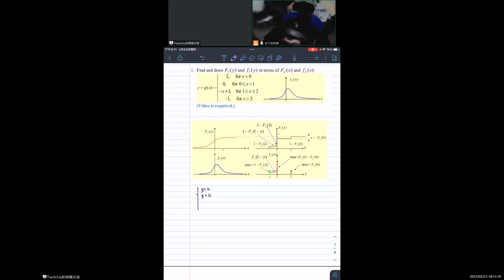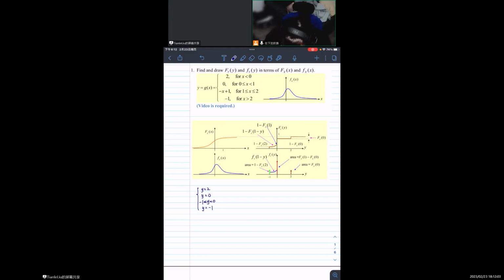For x from 1 to 2, we get the function minus x plus 1, which is 1 minus x, so y goes from negative 1 to 0. And for x larger than 2, we get y equals negative 1. Okay, so this will be the range for the probability function of y.